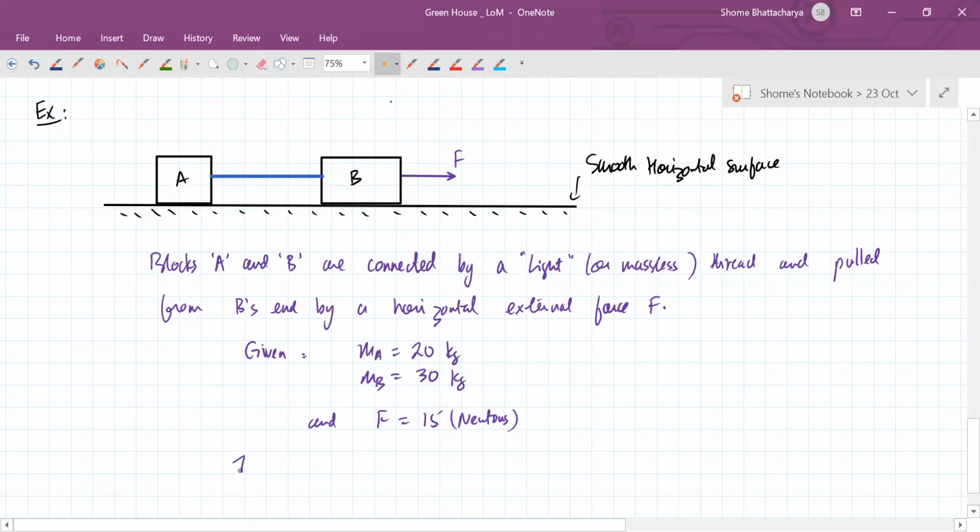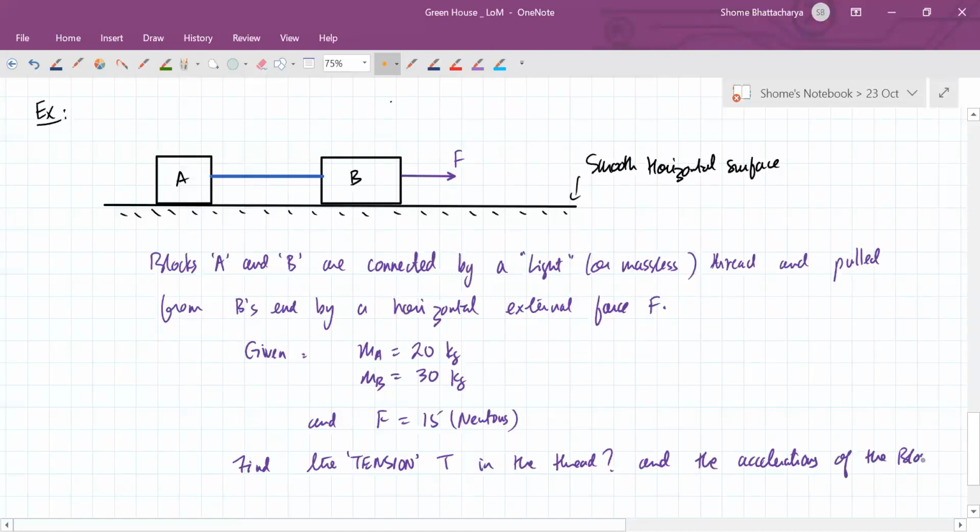We have to find the tension T in the thread and the accelerations of the blocks. So let us look at this situation next.